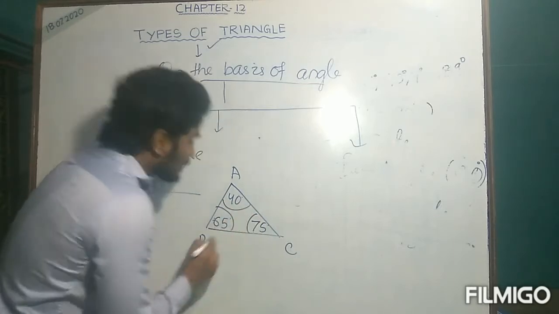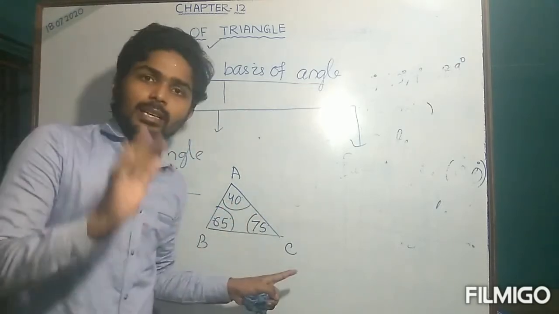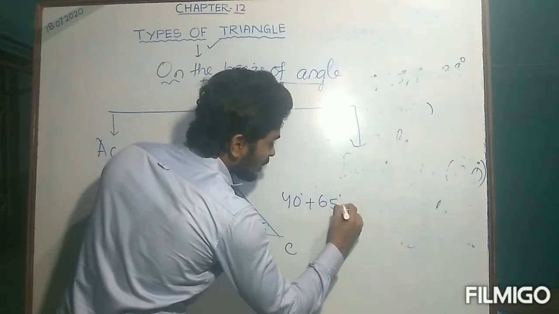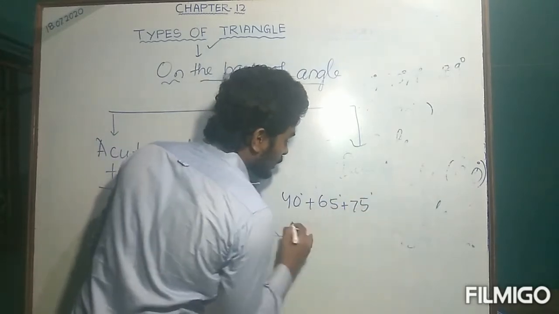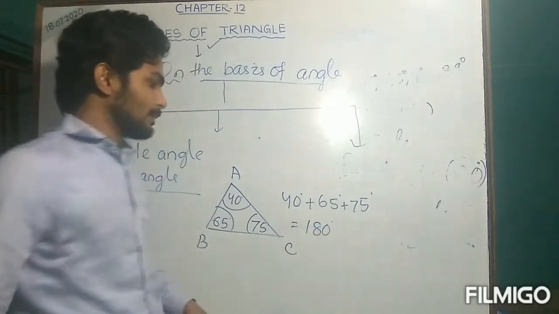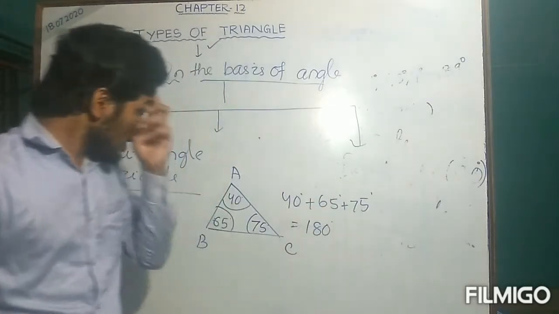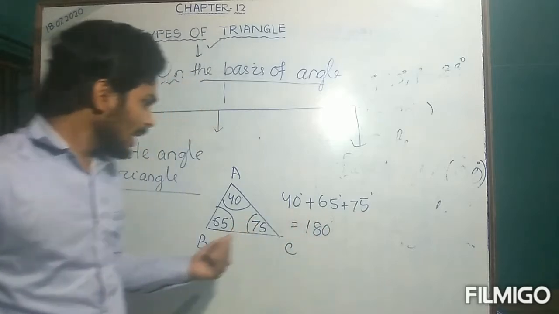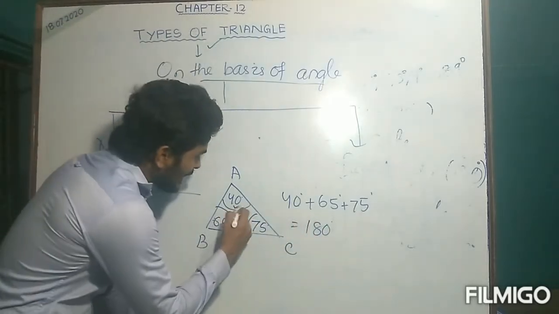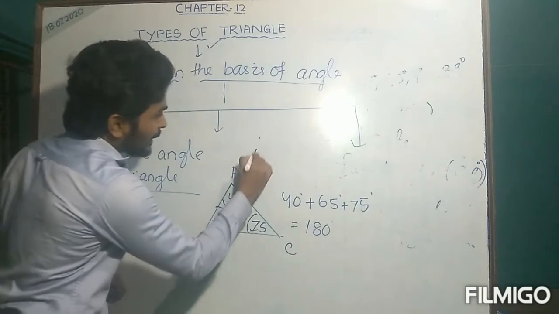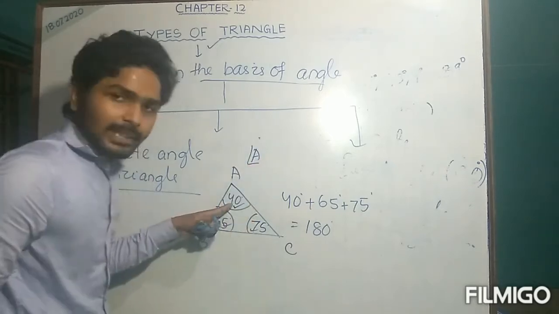As you know, the sum of all three angles must be 180 degrees. Let us verify whether it is 180 degrees or not. Plus 75, how much? 180 degrees. So the sum of the three interior angles is 180 degrees. It is verified now. Now you can see in these three angles, each angle is less than 90 degrees. The angle A is less than 90 degrees.